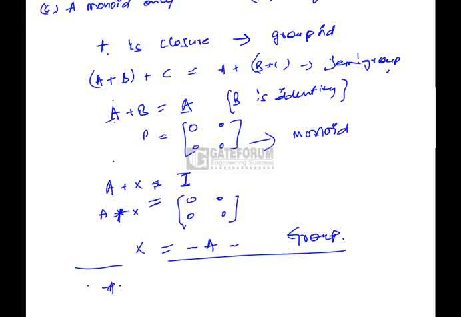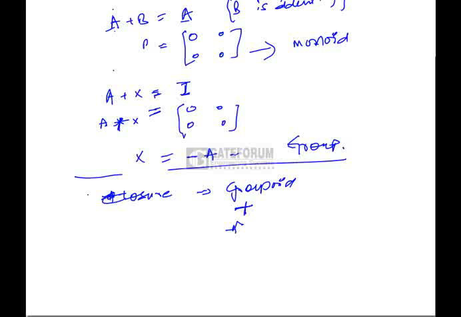So a groupoid is only closure. Groupoid plus associative property gives semi-group.